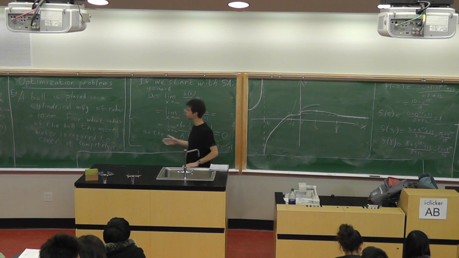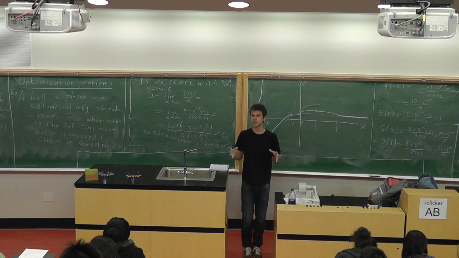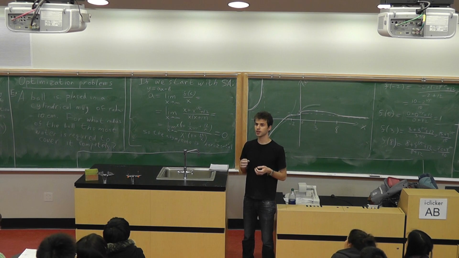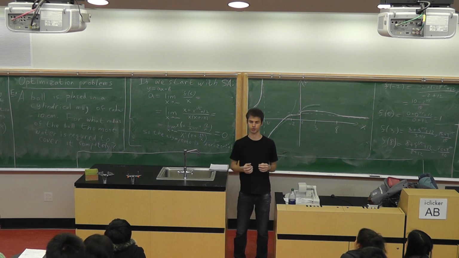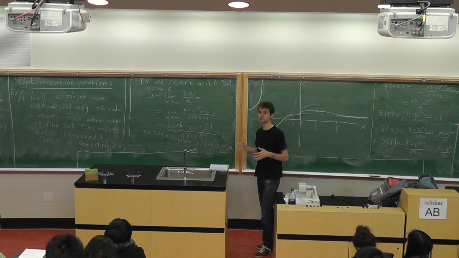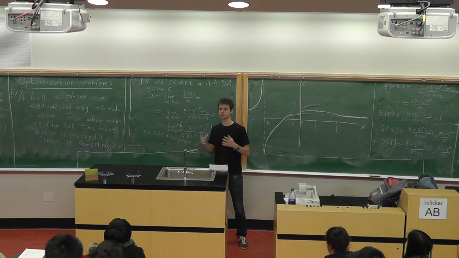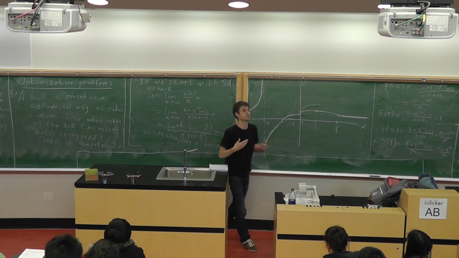So in all these situations, basically you have some variables which are changing parameters, in this case the radius. And you also have some target function, in this case the volume of this water. And the question is for what values of the parameter the value of the target function, the volume in this case, is the largest, or might be the smallest.